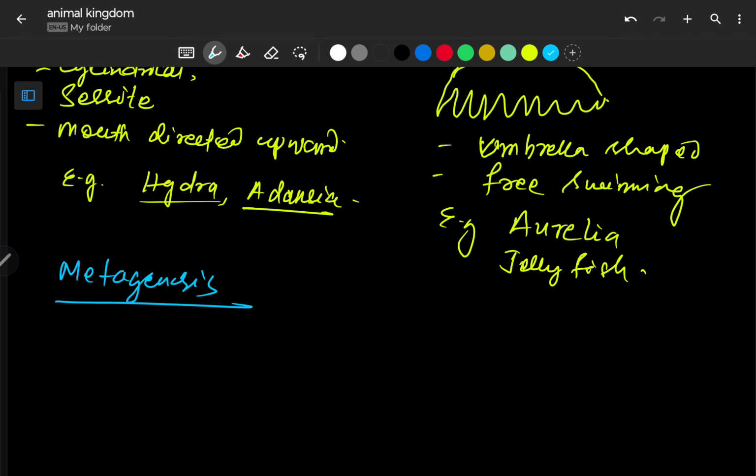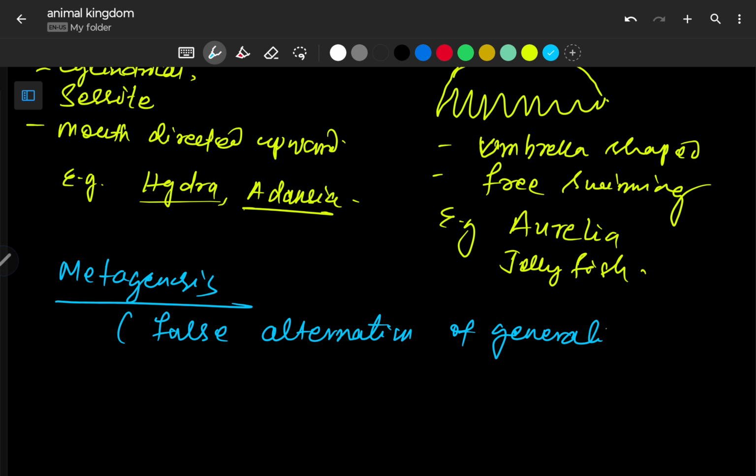Okay, what is this metagenesis? The metagenesis is the false alternation of generation. You know what is alternation of generation that we have discussed in plant kingdom. So let me tell you why it is called false.